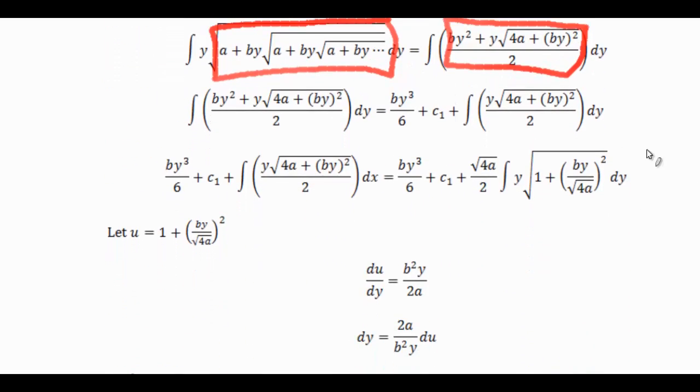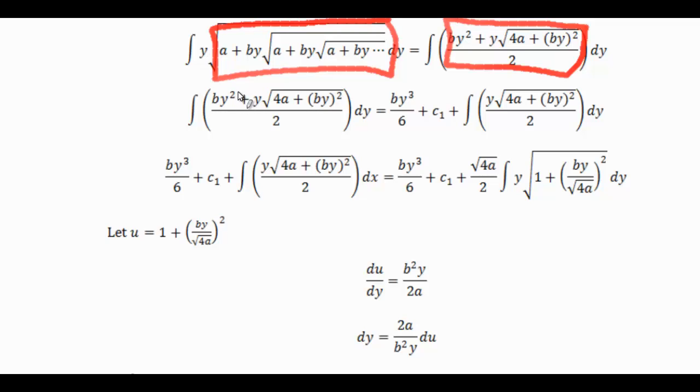Since we know that, we can simply do our integration on it. And the first thing that we're going to do is, since we have a plus in here, we're going to break this up into two fractions, like this. So we have our first part, which is going to be b y squared over 2, and then it's going to be plus this section divided by 2.